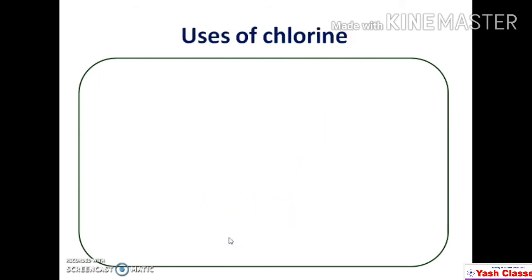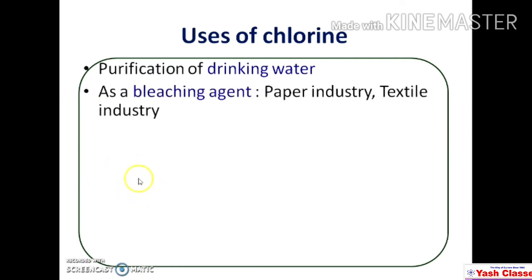And at the end, what are the uses of chlorine? Chlorine is used in the purification of drinking water. It acts as a bleaching agent, and as a bleaching agent it is used in the paper industry and textile industry. It is used in the extraction and purification of copper and platinum.